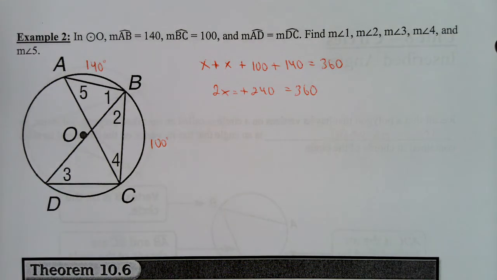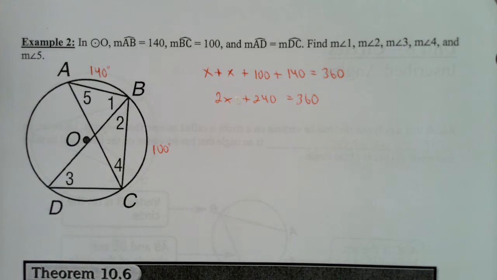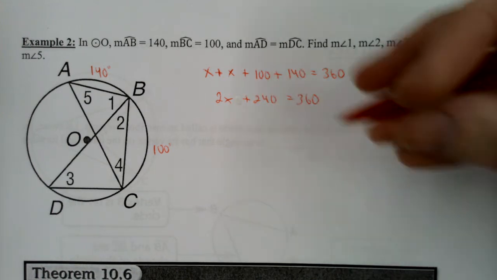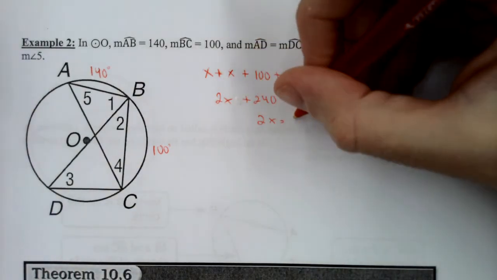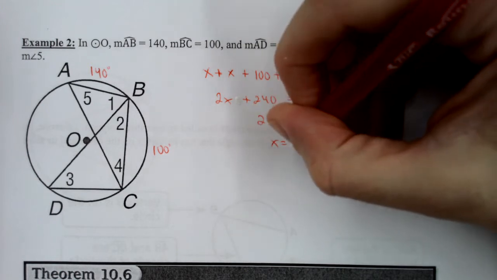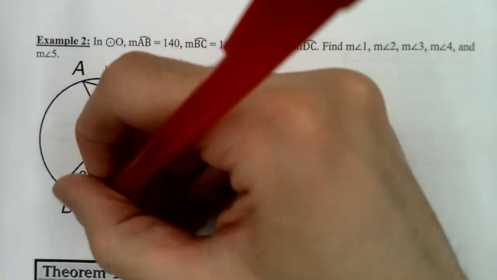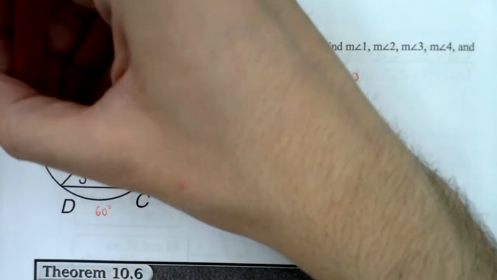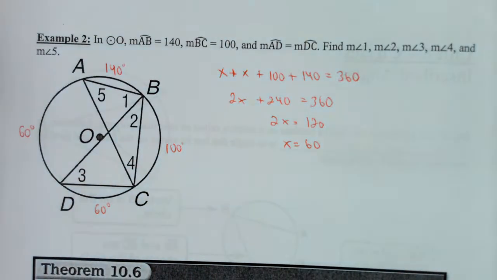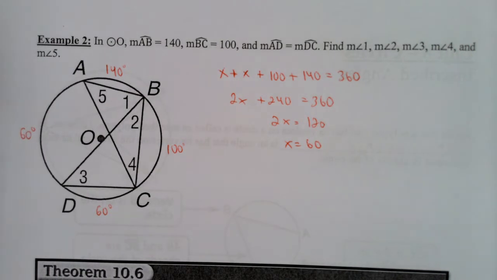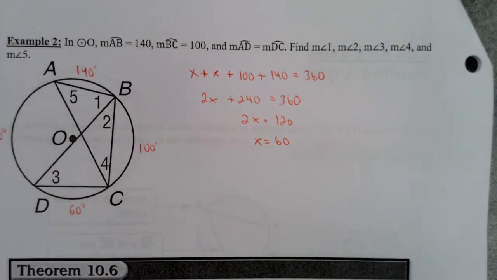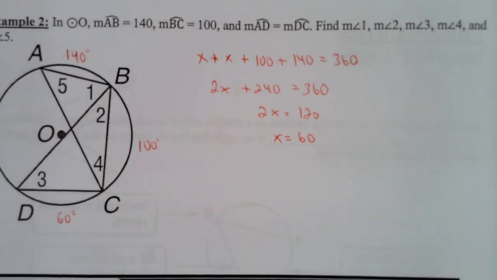Subtract 240 on each side, and you get 2x equals 120. X equals 60. So each of those missing arcs, AD and DC, is 60. Remember, this drawing is not drawn to scale. And now we can get all the missing angles that we're asked to find.